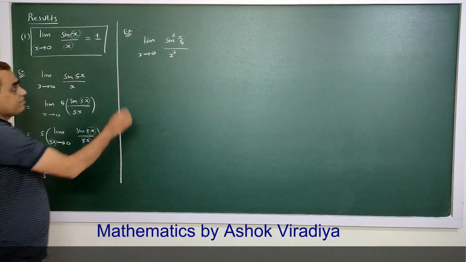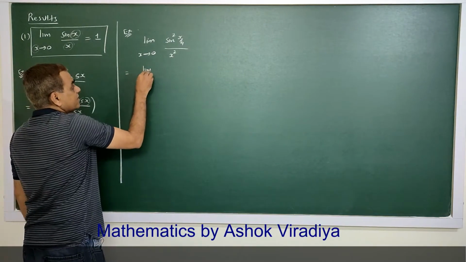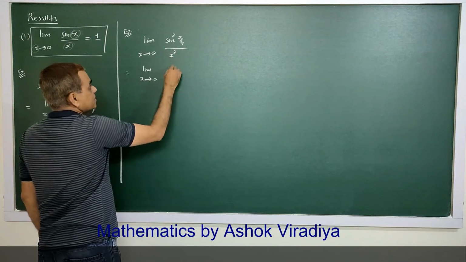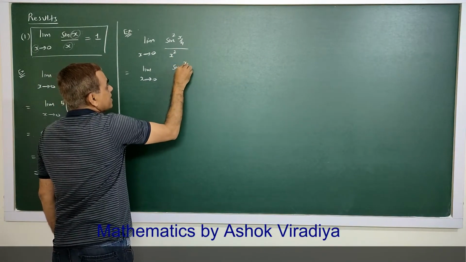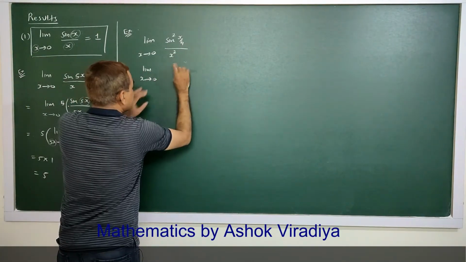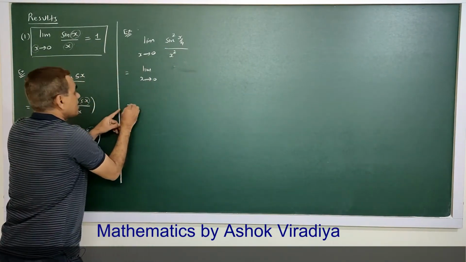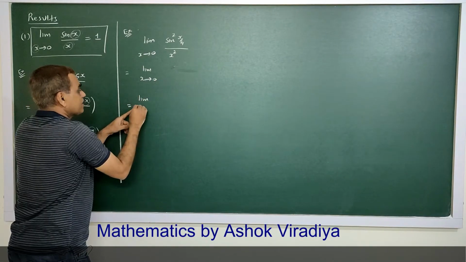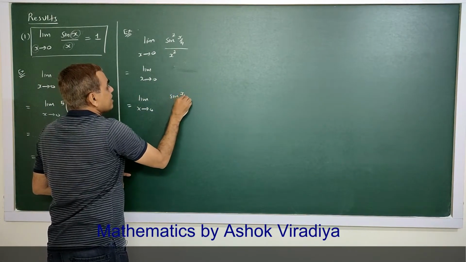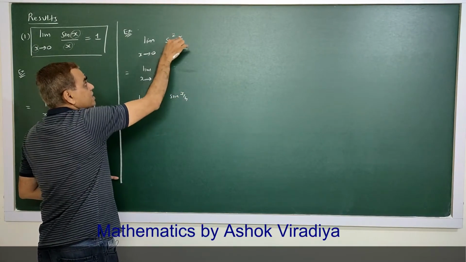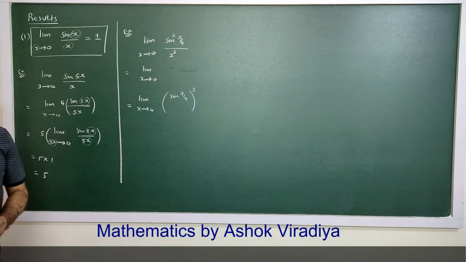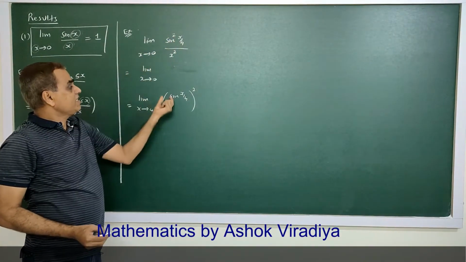Now look here. This is sin x by 4. Here I am putting a space for one step. Sin square theta is sin theta whole square.